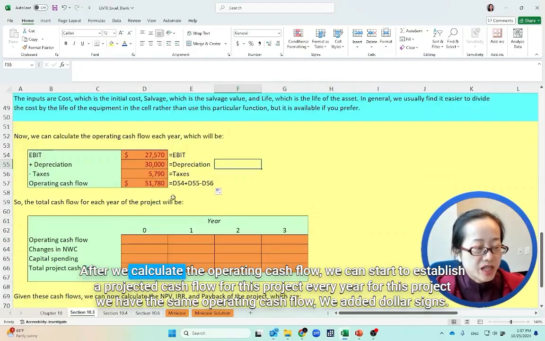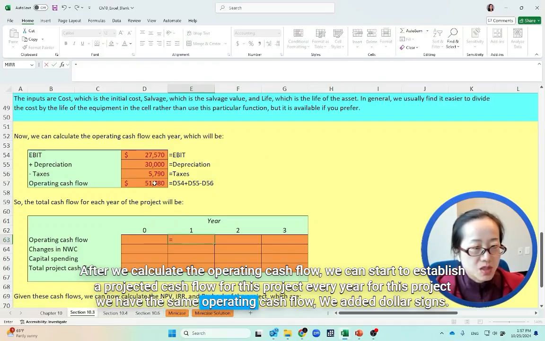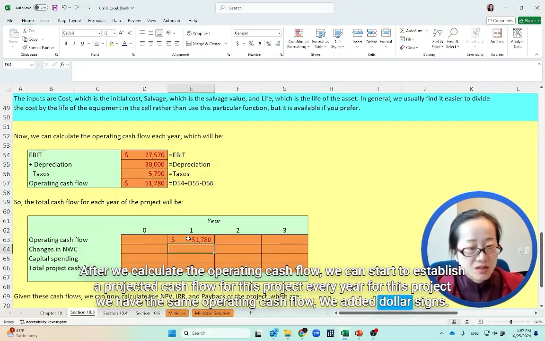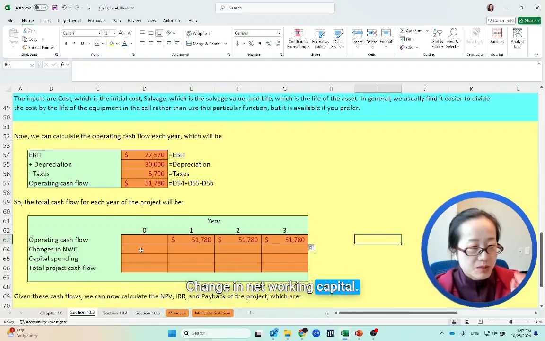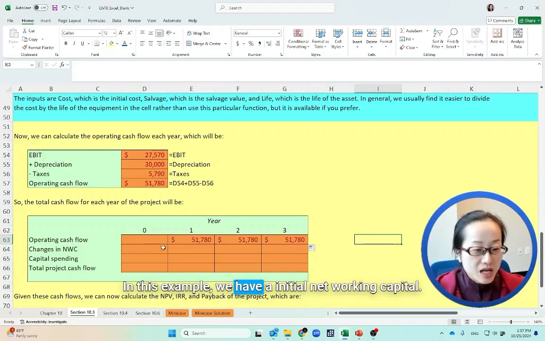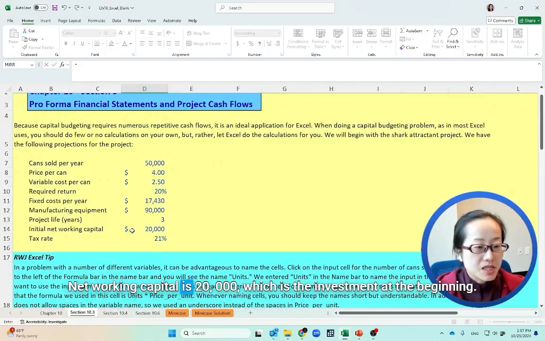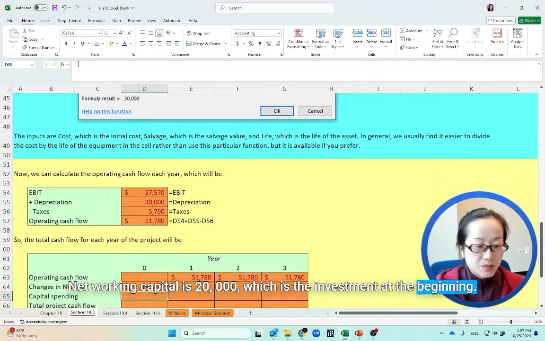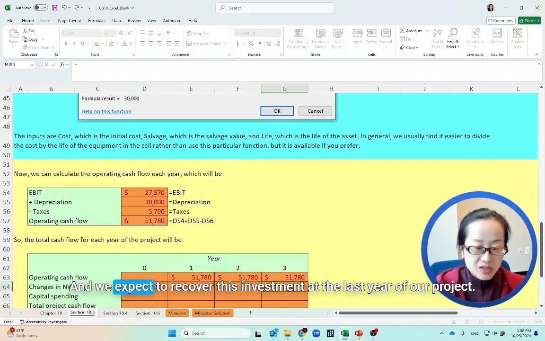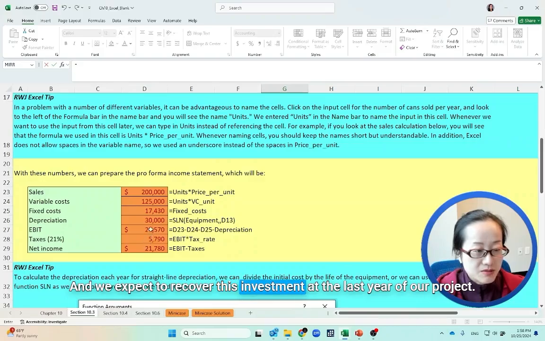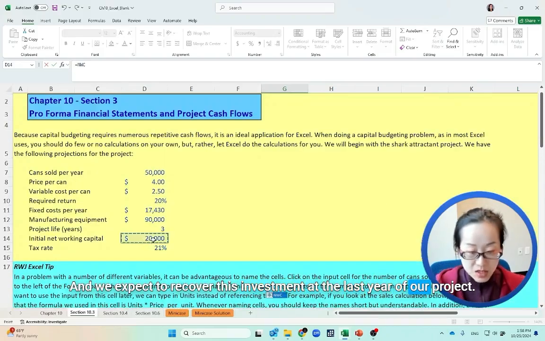After we calculate the operating cash flow, we can start to establish a projected cash flow for this project. Every year, for this project, we have the same operating cash flow. We add dollar signs. Change in net working capital. In this example, we have an initial net working capital of 20,000, which is an investment at the beginning, and we expect to recover this investment in the last year of our project.